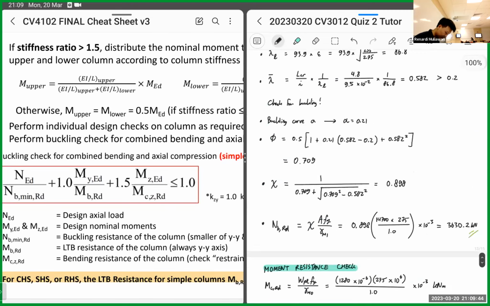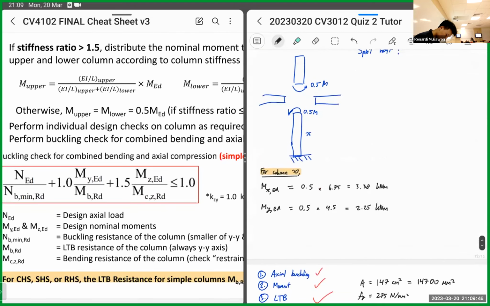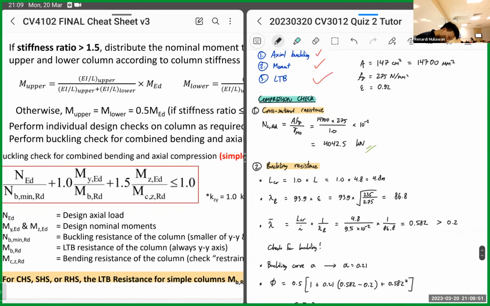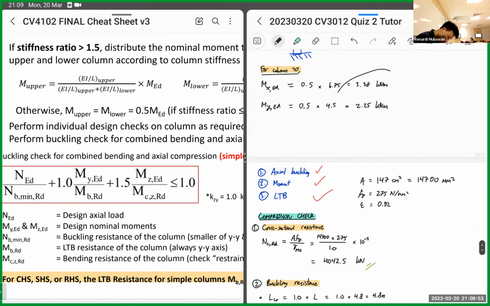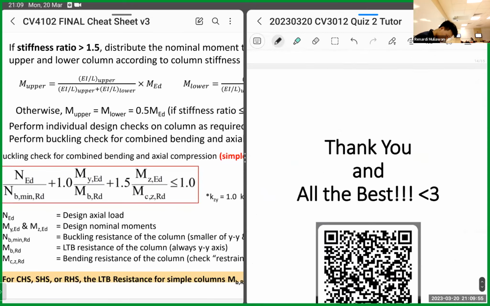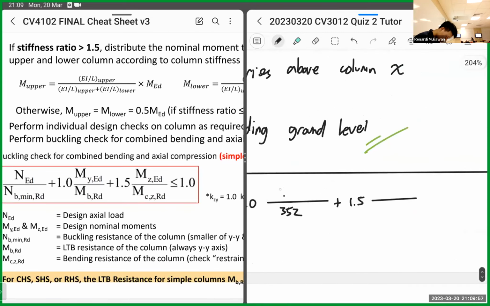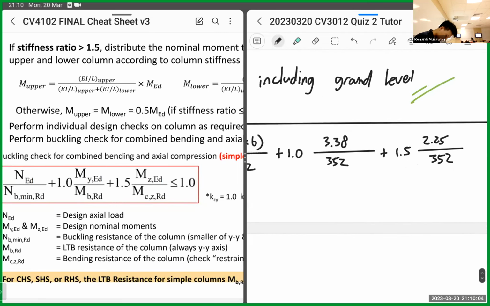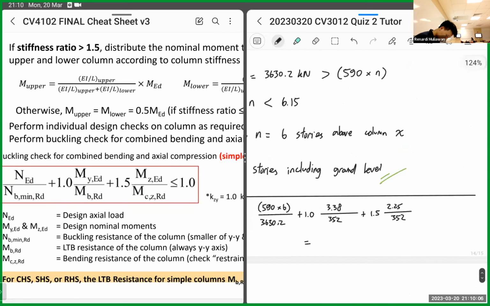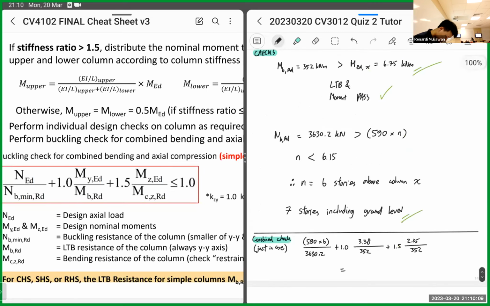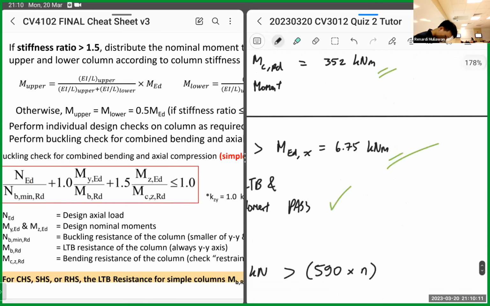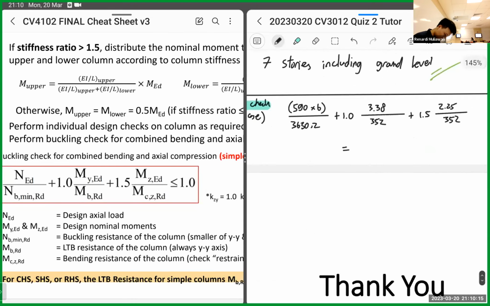Moment about the z-axis, right? Moment about the z-axis just now is 2.25. And 2.25 and 3.38, right? Yeah, 2.25, 3.38, 2.25. This one is 350 equals to... so this one is equals to what?